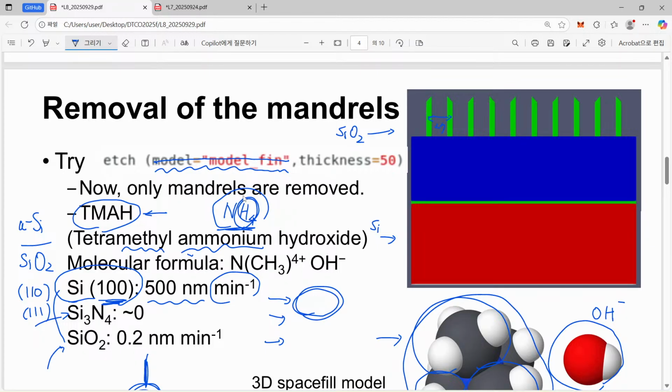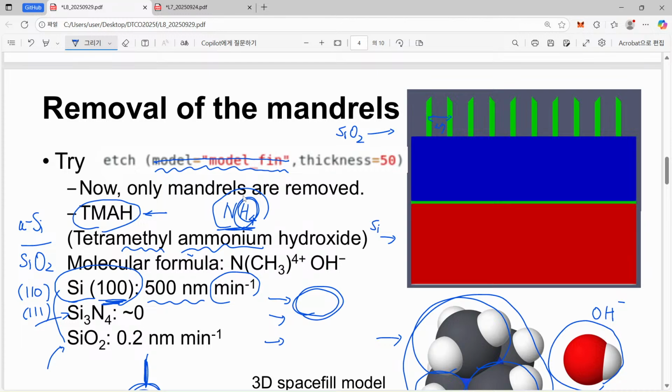That is required in our case. So simply speaking, if we talk about fin formation, roughly speaking, okay, please make a uniform fin, but it is not that easy. In order to make a uniform fin on the silicon substrate, we first have to do this kind of complicated job.